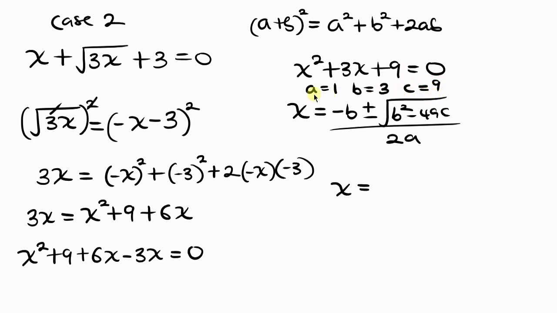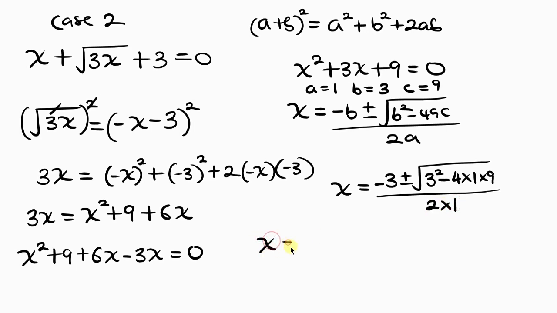So let's substitute this inside of this quadratic formula. So negative b is negative 3 plus or minus the square root of b squared, that's 3 squared, minus, now 4 times a times c, that's 4 times a is 1, times c is 9, all over 2a, that's 2 times a, which is 1.